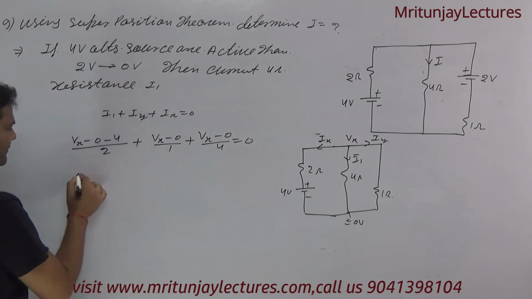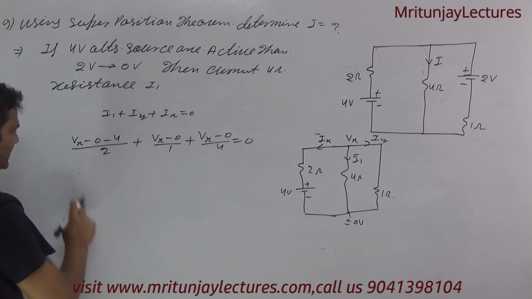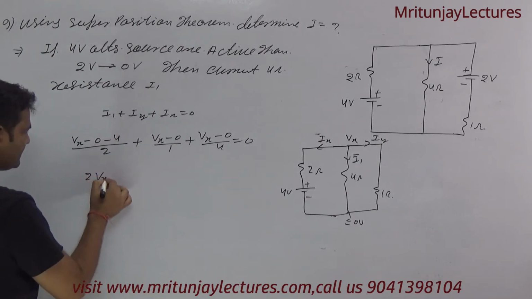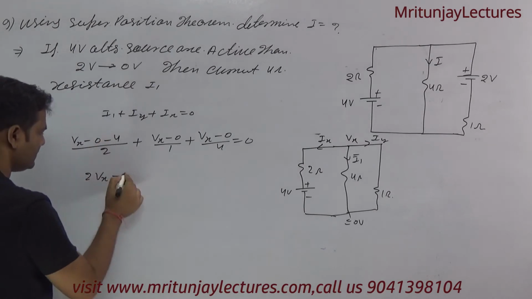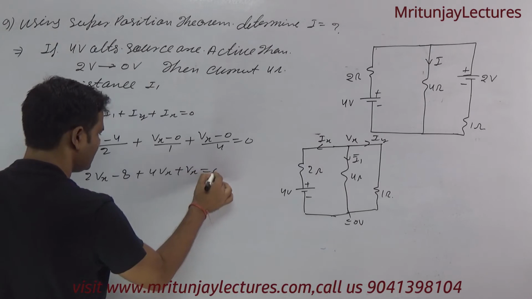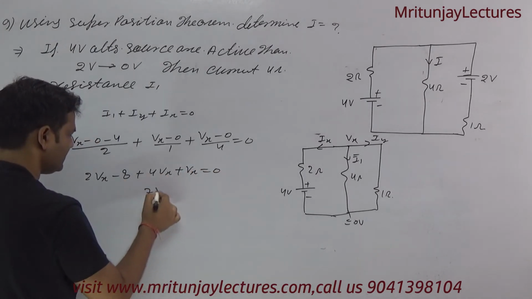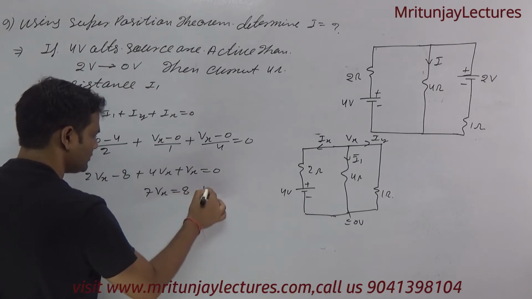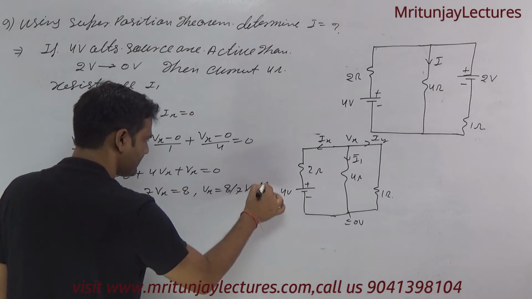So if we multiply by 4 on both sides, then we get 2 Vx minus 2 into 4, that is 8, plus Vx plus 4 Vx, this is equal to 0. So 2 plus 4, 6 plus 1, that is 7 Vx, this is equal to 8. So Vx is equal to 8 by 7 volt.